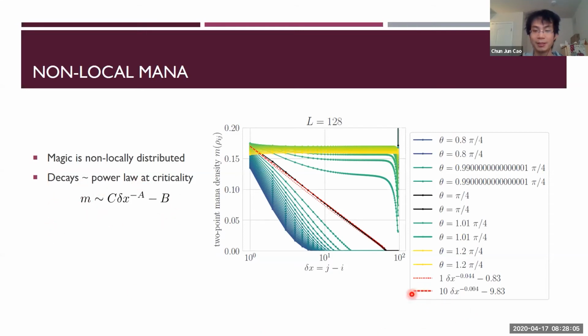So the red curves are what the fitted values look like. What this tells us is that magic is also non-locally distributed. There is, in fact, magic over a longer range, and it keeps the power law decay behavior until it reaches 0. I will try to explain what this is later on with MERA.